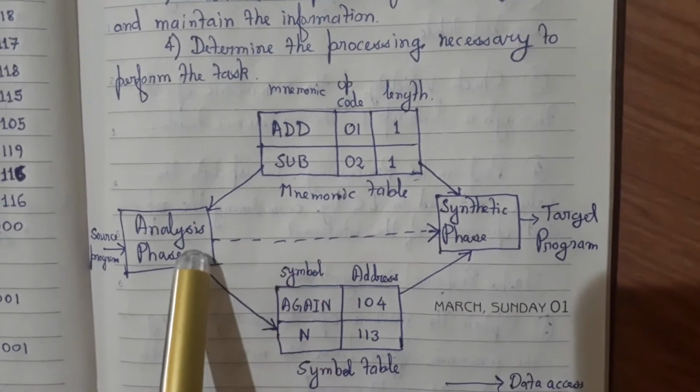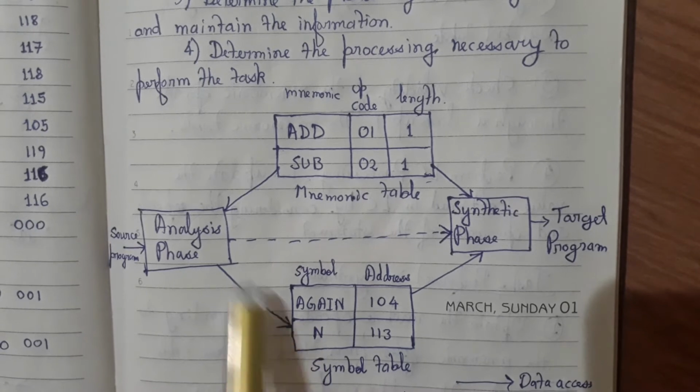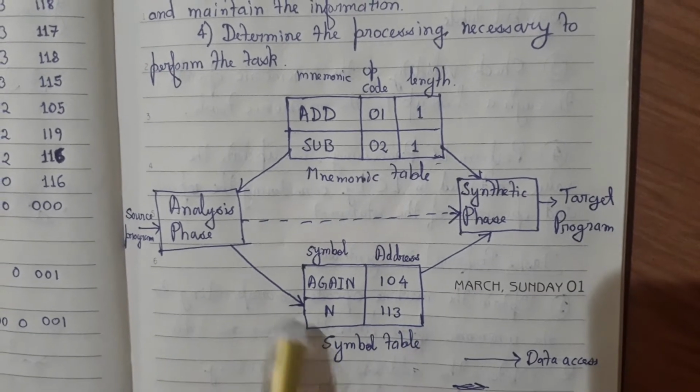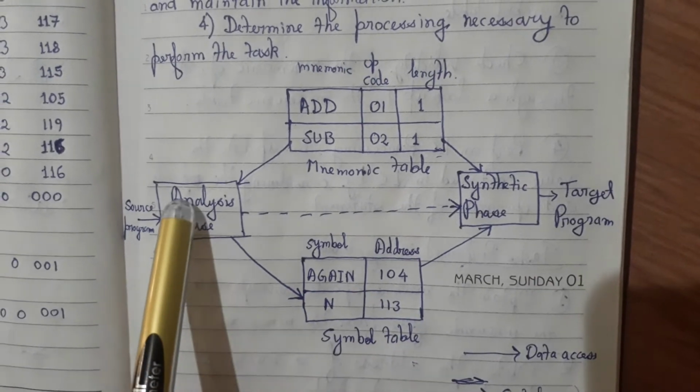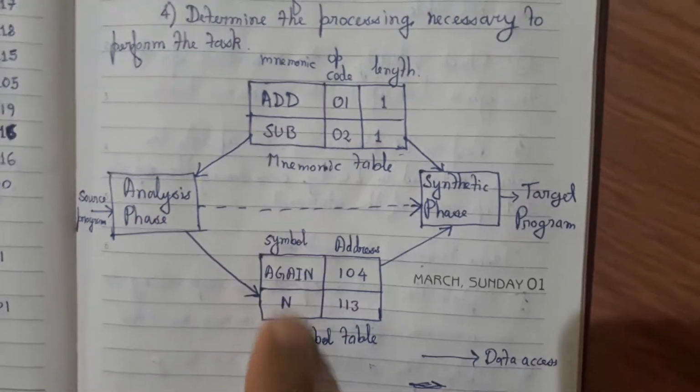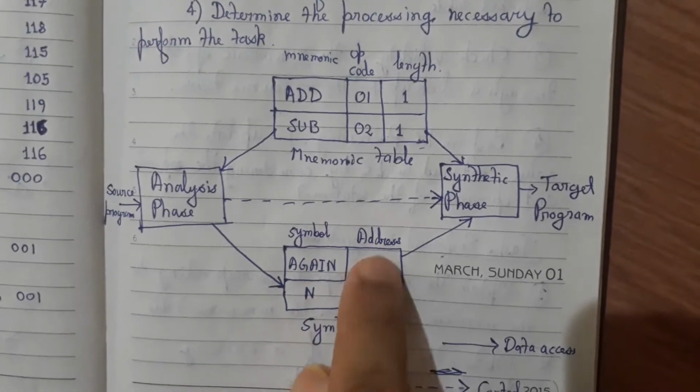When the arrow points towards the table, it means it is writing something to this data structure. You can see the analysis space arrow is in this direction, which means the analysis space writes these symbols and addresses.